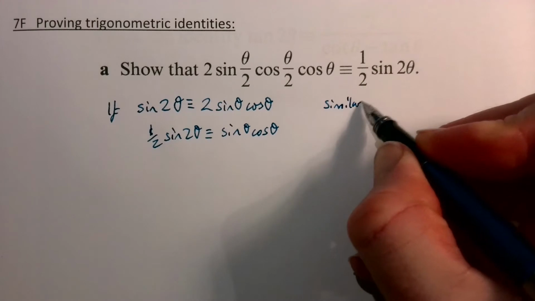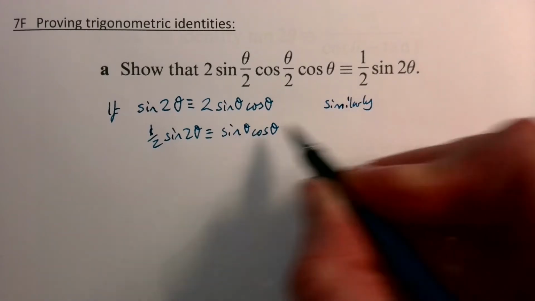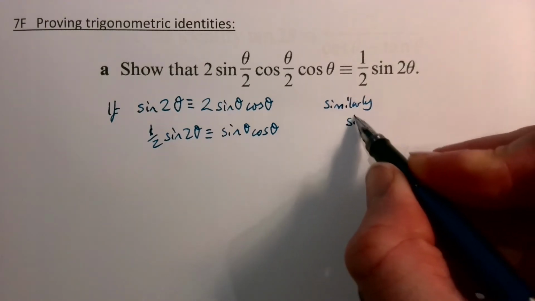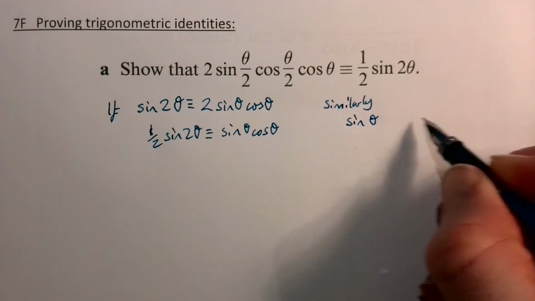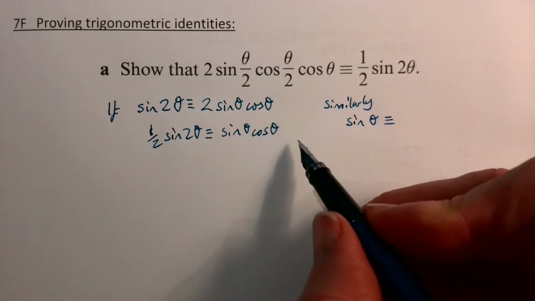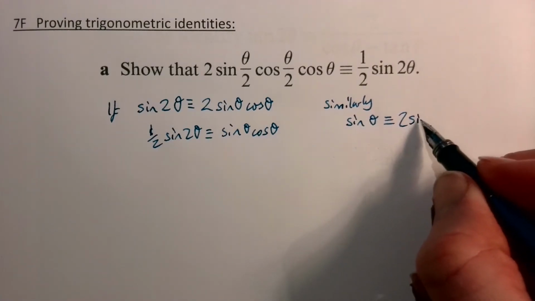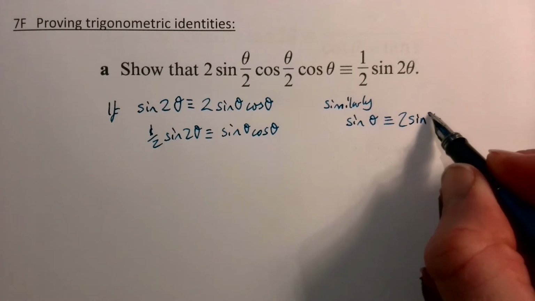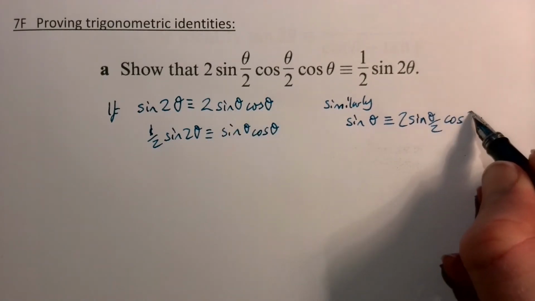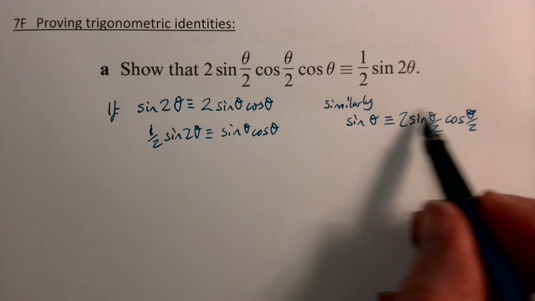Similarly, sine theta is going to be identical to 2 sine half the angle cos half the angle, and we can do the same thing as we've got over here. Then all we need to do is substitute that.